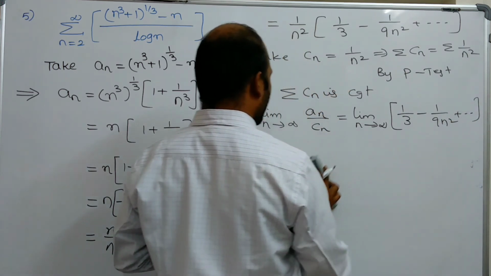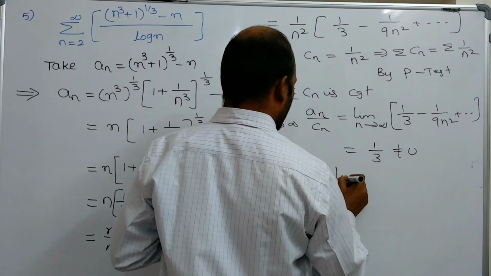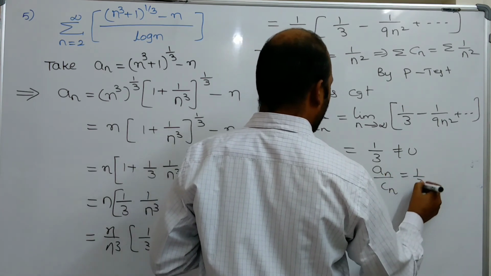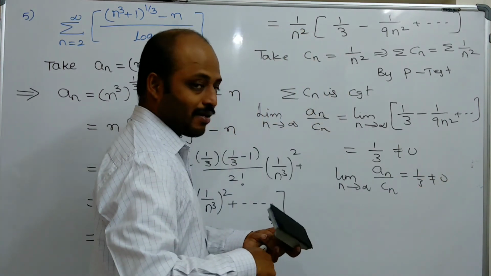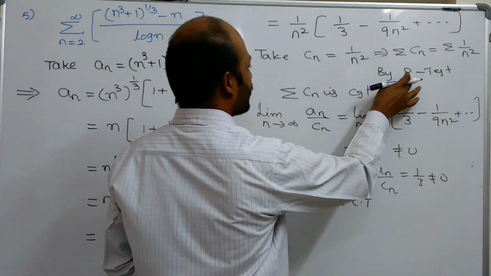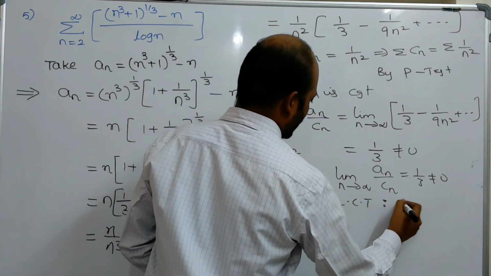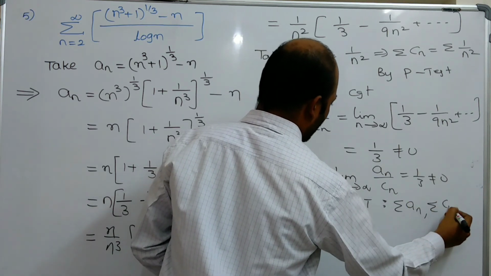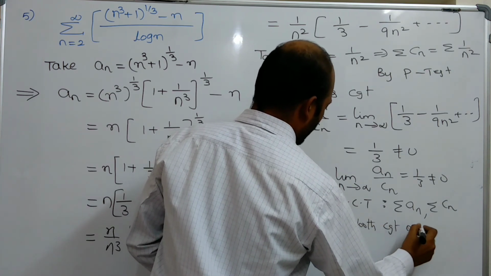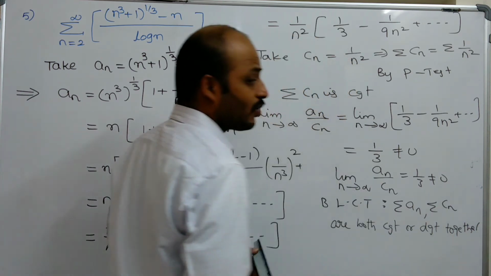By applying the limit we get 1 by 3, not equal to 0. So limit n tends to infinity an by Cn is equal to 1 by 3, not equal to 0. By limit comparison test, summation an and summation Cn have the same nature: they are both convergent or divergent together.